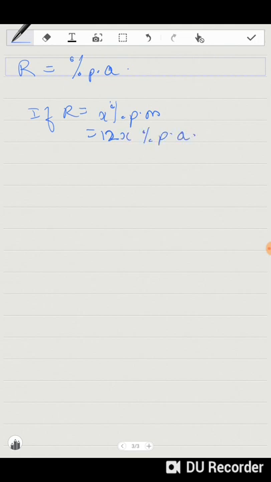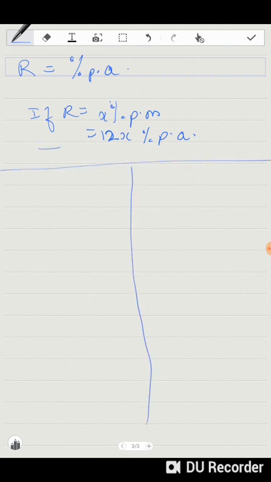Correct? So let's say if they've given us rate as per month and time in years, then either you convert the time into months or you convert the rate into per annum. Are you with me?